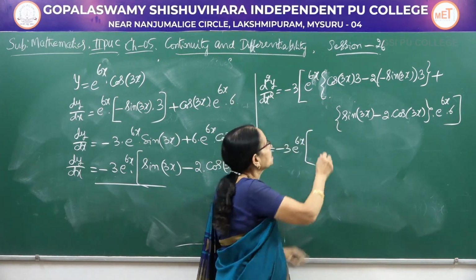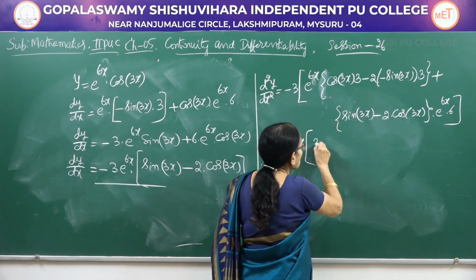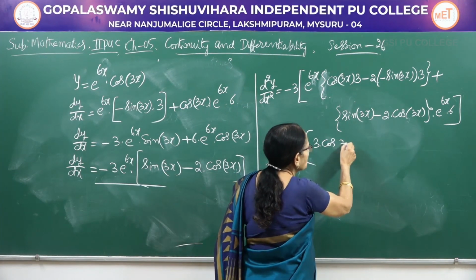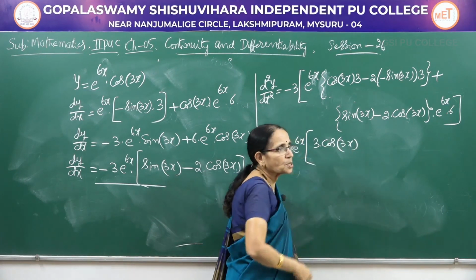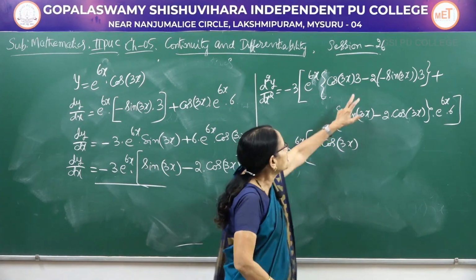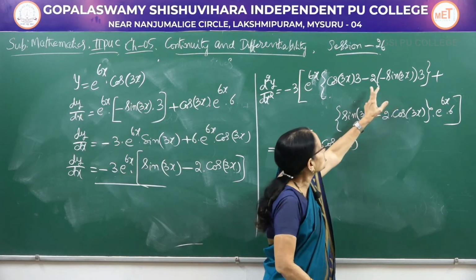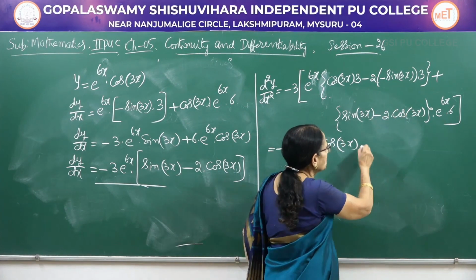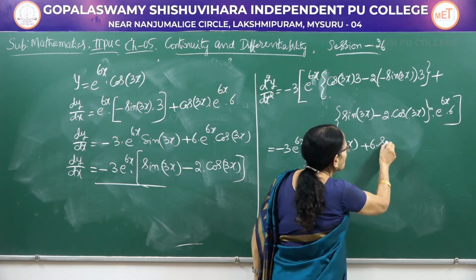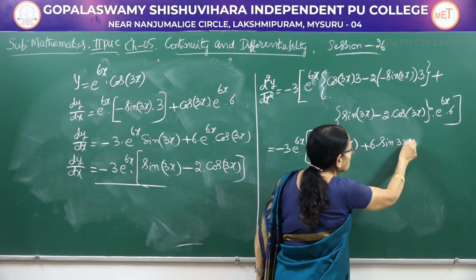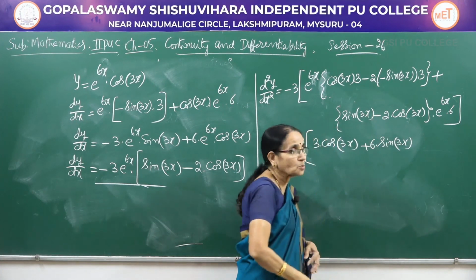This has come out. Now 3 into cos of 3x. When a composite function is given, be careful. 3 into cos of 3x minus of minus plus 2 into 3, that is 6, 6 into sine of 3x. Too many negative signs we are having.